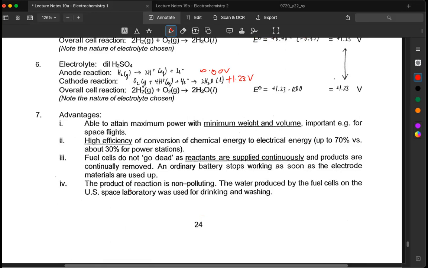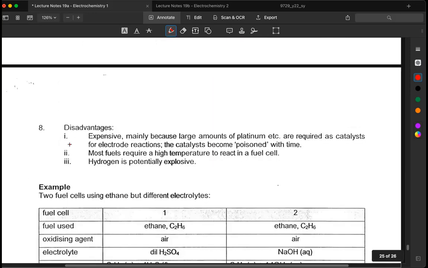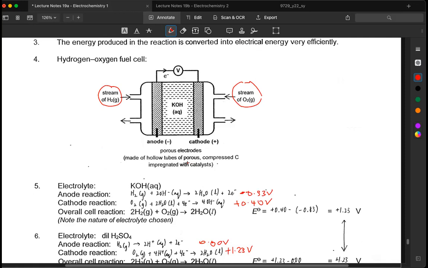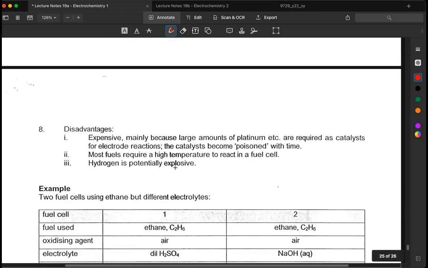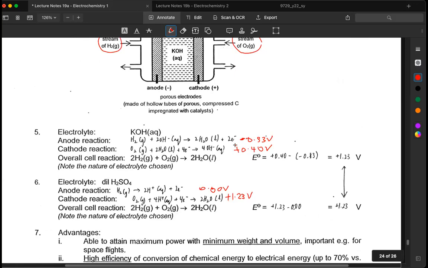So in the US space laboratory and spacecraft, sometimes the astronauts actually use the water and do not waste it. However, this is of course expensive because the electrode is actually platinum, and it is not the usual type of platinum. It is really very finely divided.